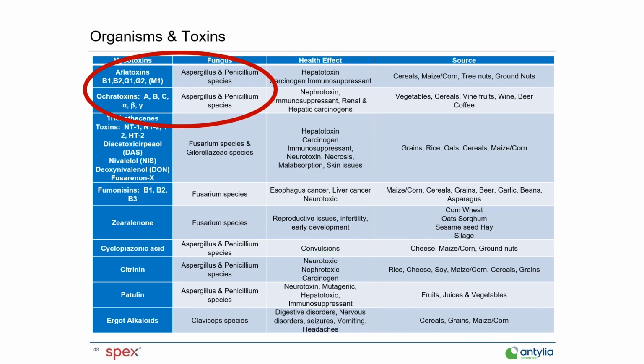Now, the good thing about these aflatoxins, these ochratoxins, is that the toxins themselves are pretty hardy, even if the mold spore is not. But if you're not doing PCR, then you do have to worry about being able to detect the aflatoxins, the ochratoxin species, because if you kill them off, you're not going to get a good culture.